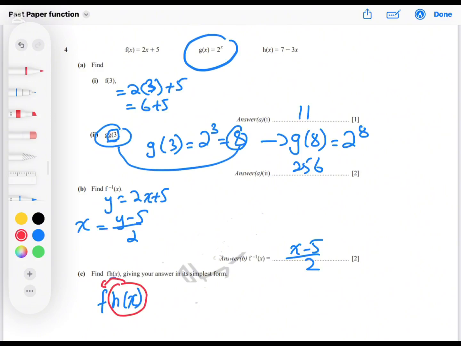The function f is 2x plus 5. So I have to replace x by 7 minus 3x, because this is the value of the h of x function. As I told you, the h of x function will be put in the f function. We already did composite functions. This is what this means. So now we need to simplify this.